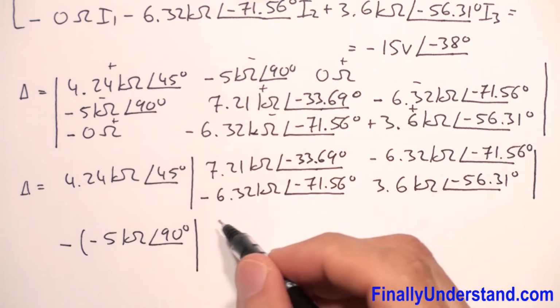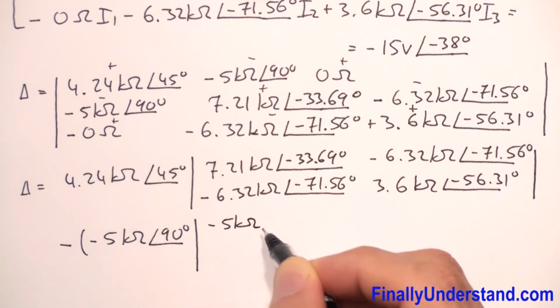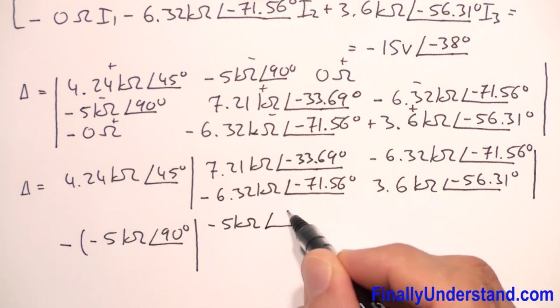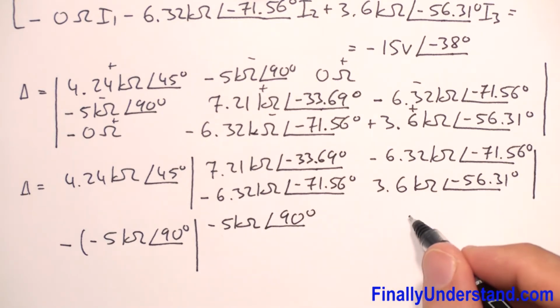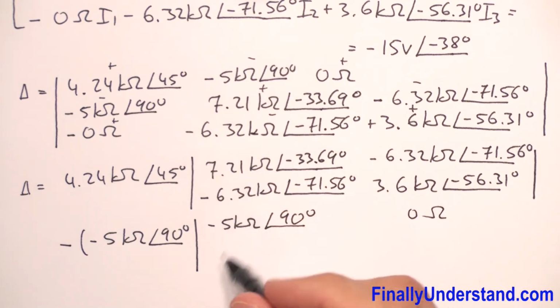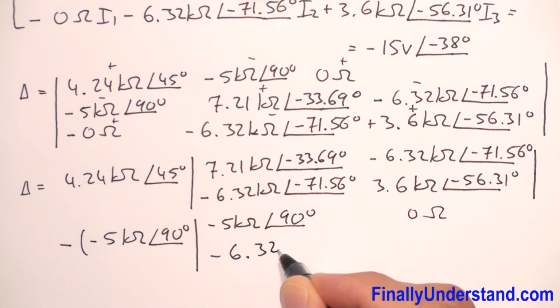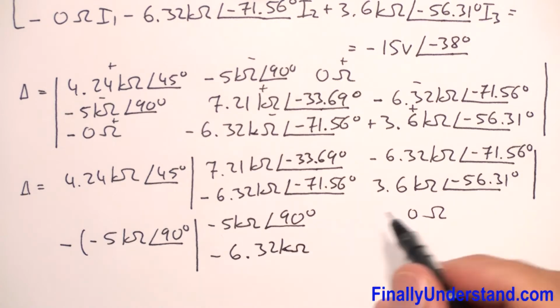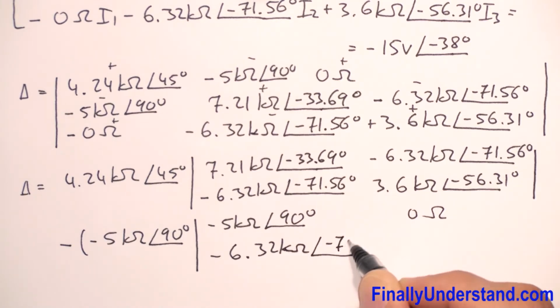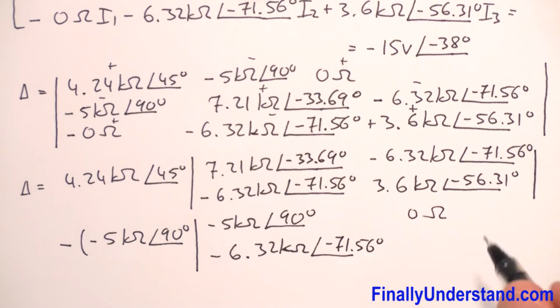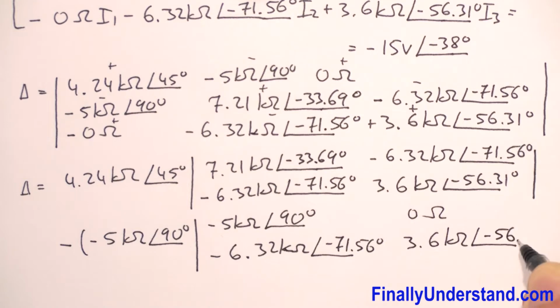So I have minus 5 kilo ohms and angle of 90 degrees, and I have 0 ohms and I have negative 6.32 kilo ohms and angle of minus 71.56 degrees, and I have 3.6 kilo ohms and angle of negative 56.31 degrees.